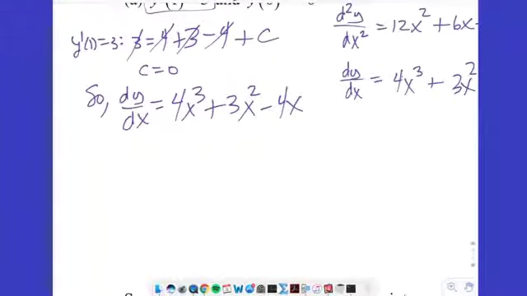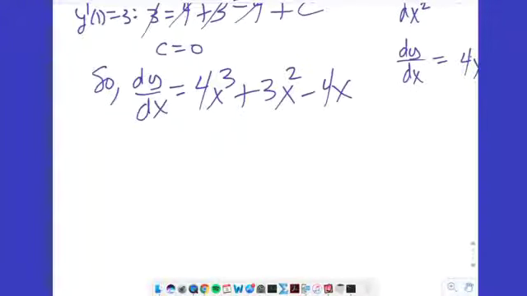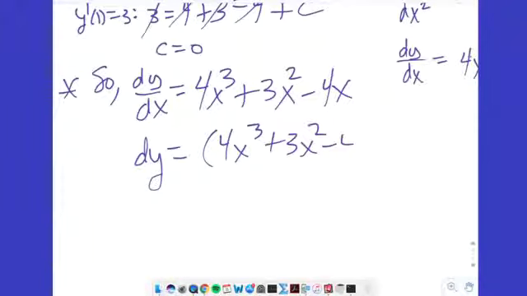Now, here's what I was trying to show you with the second derivative. If I then separate the dy dx here by multiplying both sides by dx, this is what we'll be doing a lot in an entire section later on. So this is kind of putting the derivative in differential format. Remember doing that? The derivative in differential format.